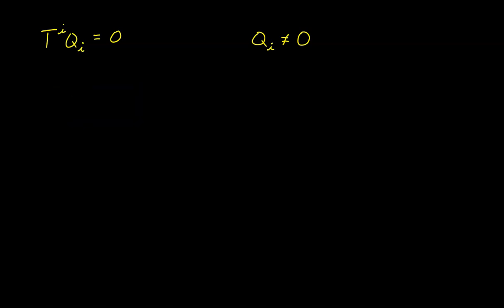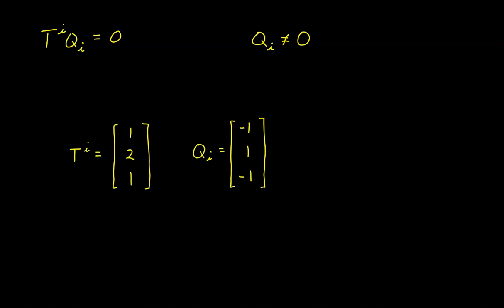The fact is that unlike simple algebra, it's possible to form a product of 0 even though neither of the two factors is equal to 0. Now let me illustrate that point with a specific example. What I've done here is assign the components of Ti and Qi respectively. Let's form the inner product here. Well, the inner product is T1 times Q1 plus T2 times Q2 plus T3 times Q3, and the sum of all that is equal to 0.